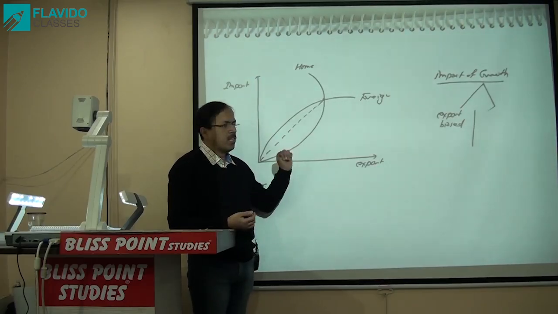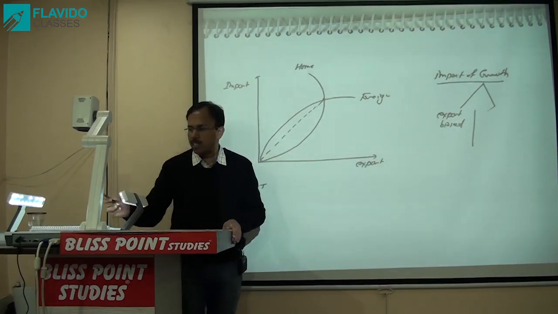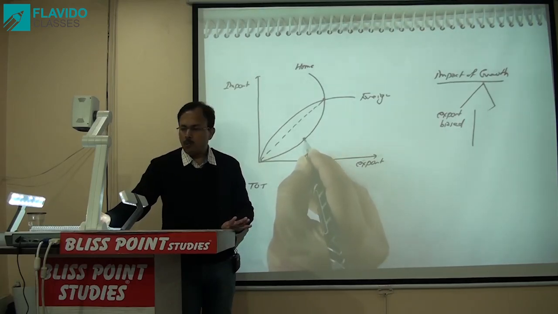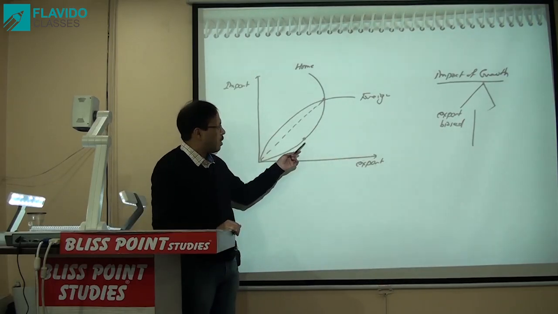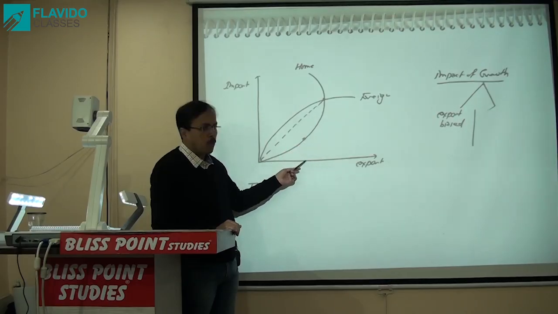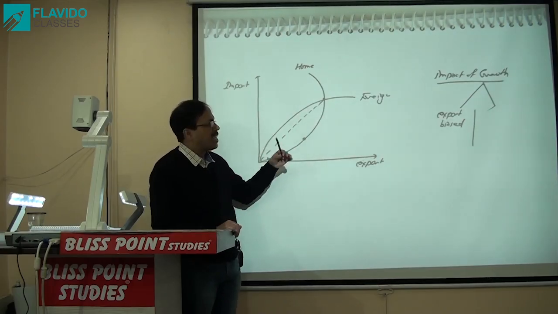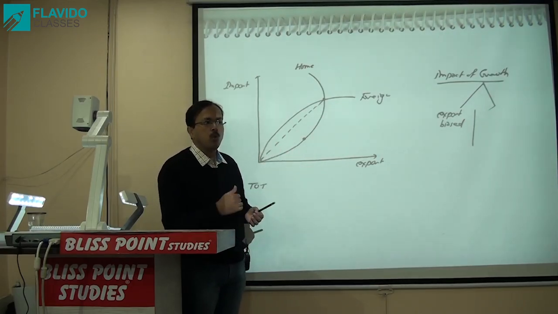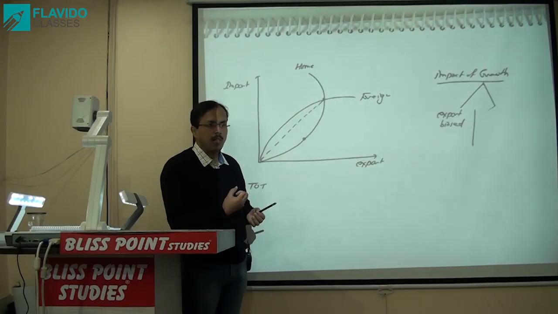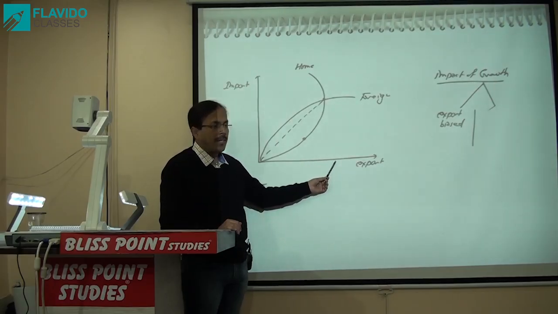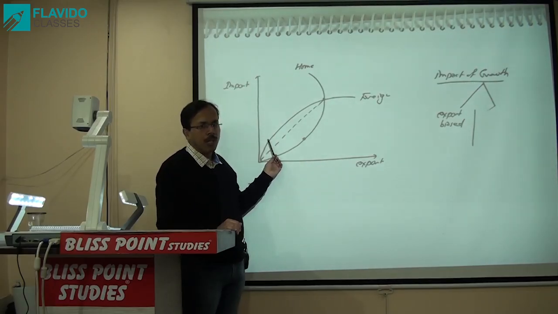So how will it affect the offer curve? If I mark simply a particular point here, let us say the original point is here. So this point basically shows what? This much quantity the economy is willing to export for this much of import at a certain price ratio. So if there is export bias growth, then due to more production of that good, the price of that good will reduce. So the price of export good will fall, and therefore you have to export more quantity to have the same quantity of import.